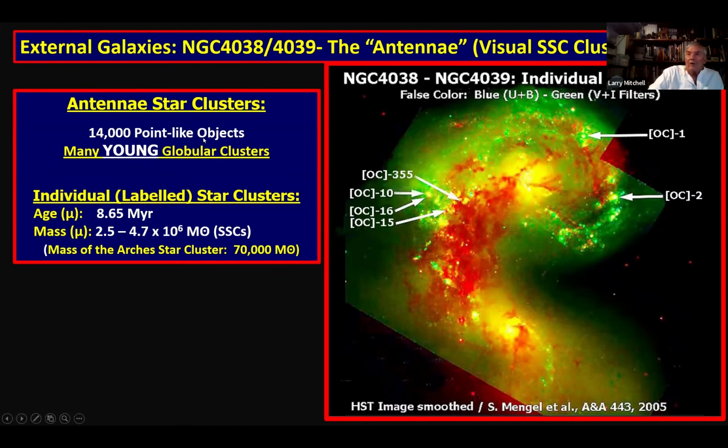There's 14,000 point-like objects scattered throughout the galaxy. Many of these are young globular clusters. I have noted a few of them, of which I am pretty sure I have been able to see through my 20-inch telescope. The published information says that these star clusters are 17th and 18th magnitude.